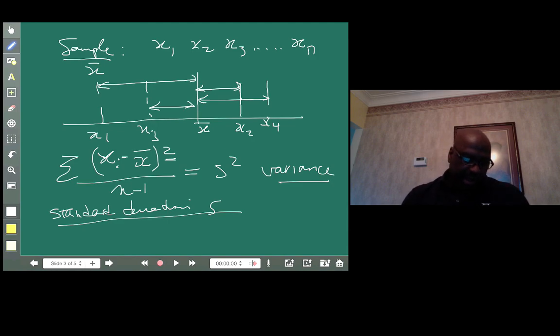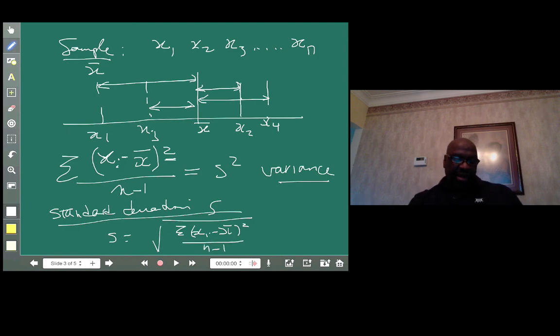It would look something like this: the square root of the sum of the xi minus x bar, squared. Remember, that's all of the differences. And if I divide by n minus 1, that gives me S. So that really is just a measure of how far the values are away from the average. And the bigger S is, the bigger the amount of variation, the amount of spread in the data.